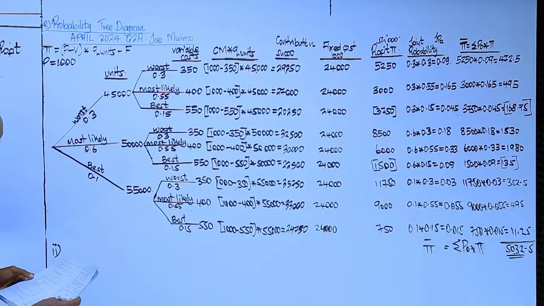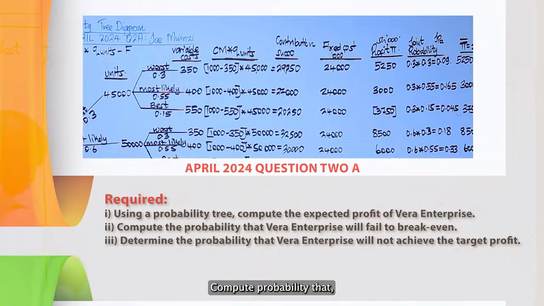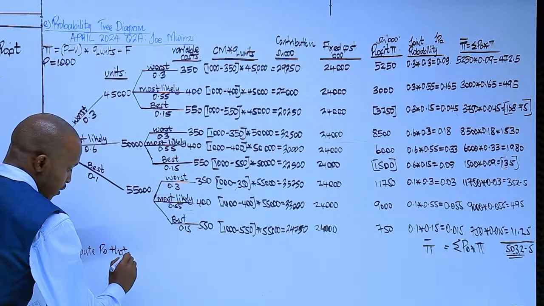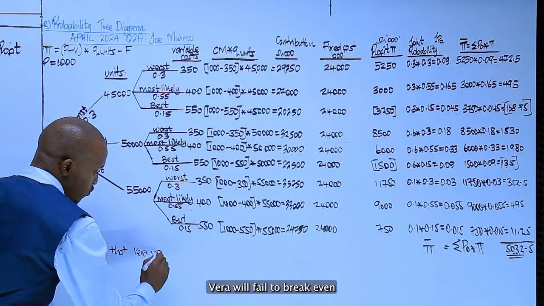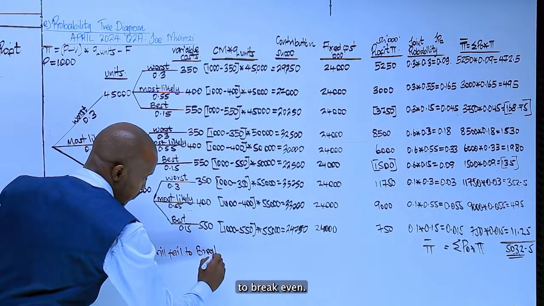Part 2 of that question: compute the probability that Vera Enterprises will fail to break even.